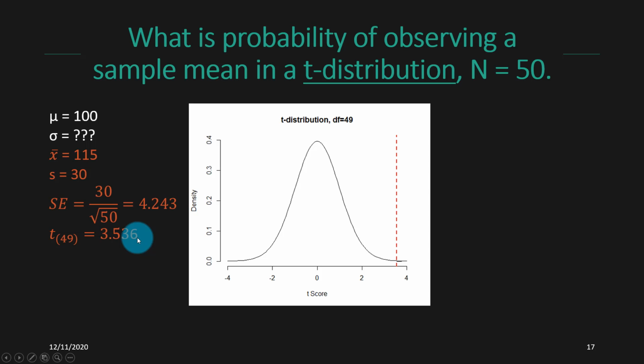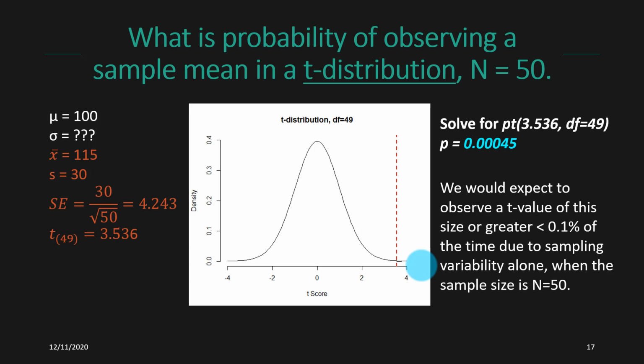And again, if we were now to draw a t distribution based on 49 degrees of freedom, we can place our t critical value, which was again 3.536, over here, and you can see a lot less of the curve is to the right of that critical value. So the probability of getting a t of 3.536 or greater looks like it should be pretty small in this situation compared to when n was just 10.